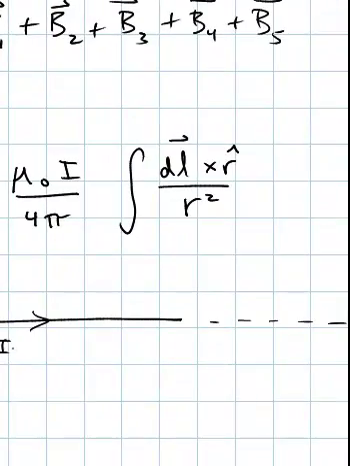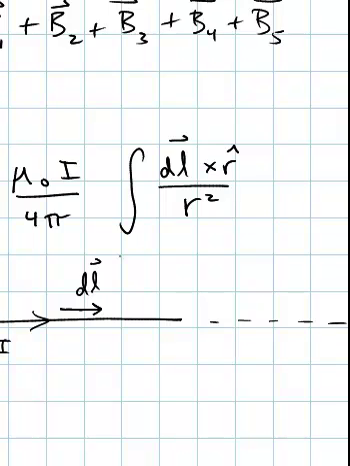And so dl is some little length of the wire that's carrying the current, and it points in the direction of the current. So I'm going to put dl here. R hat is a unit vector that points from dl to our point of interest.